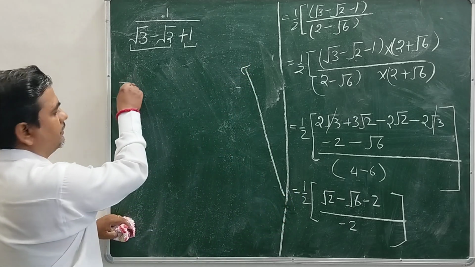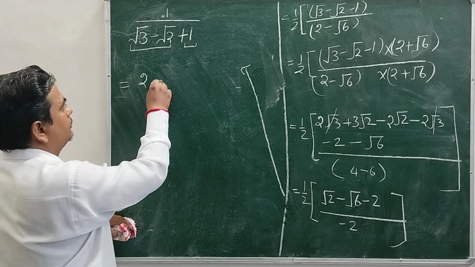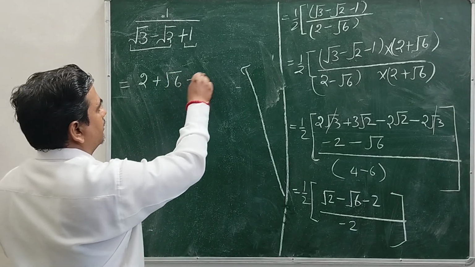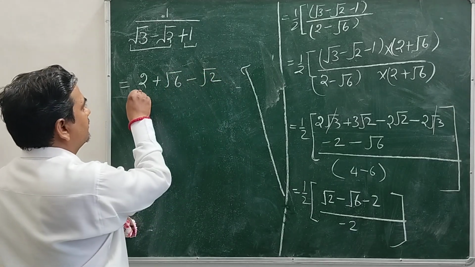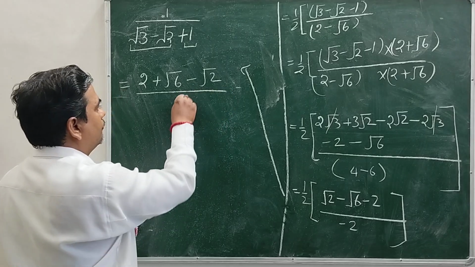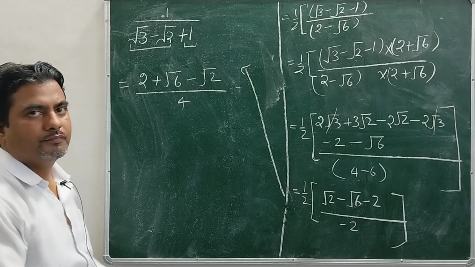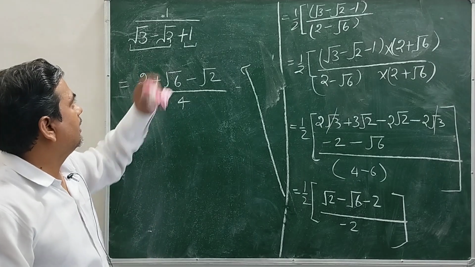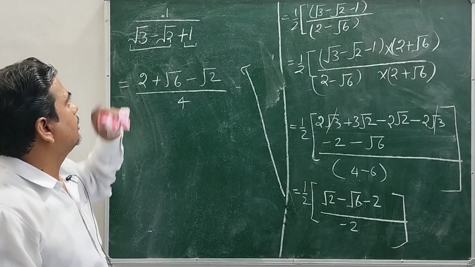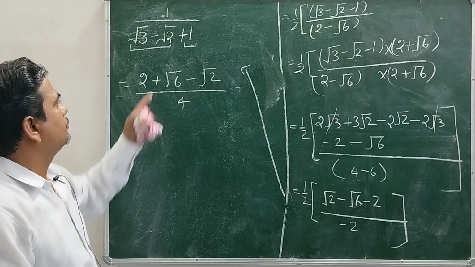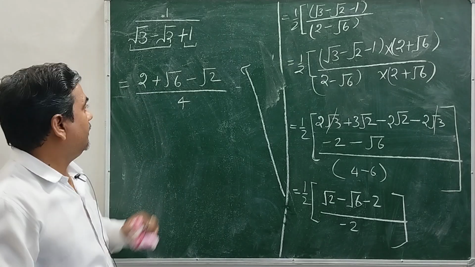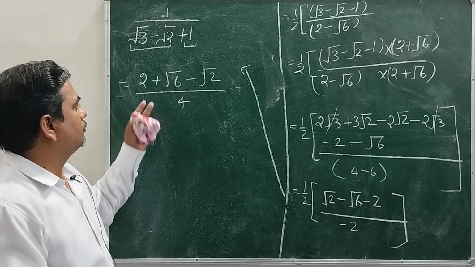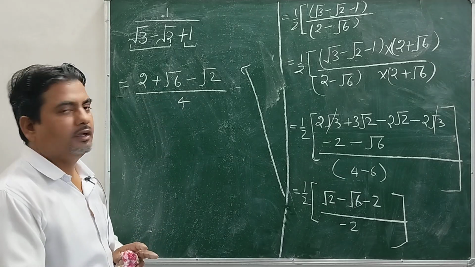So after that, change the sign: root 6 will be plus, and this root 2 will be minus, and in the denominator we have what? 2 twos are 4. So this is your final answer after doing the rationalization of 1 upon root 3 minus root 2 plus 1. If we have any common factor, then we can go for that, but there is nothing common, so we just leave it here.